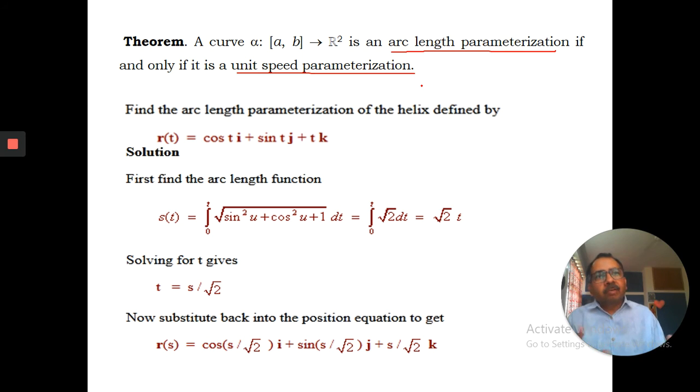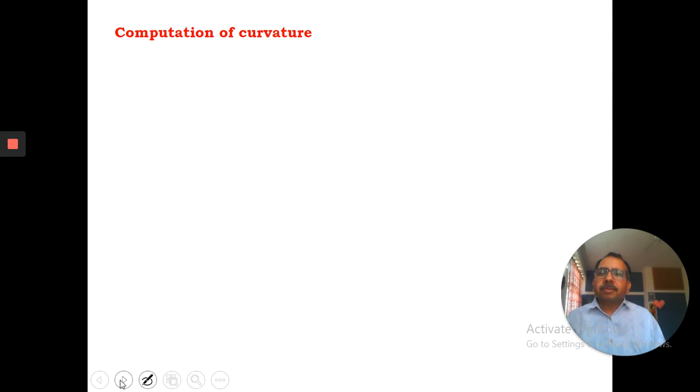And if we say I have an arc length parameterization, it means I have a unit speed parameterization. I skip this example for the moment due to shortage of time. In this example, I have shown that if you have some parameterization, we can find its arc length parameterization.